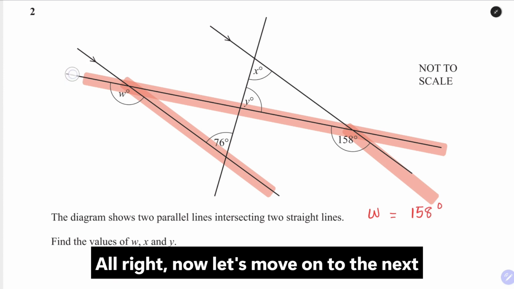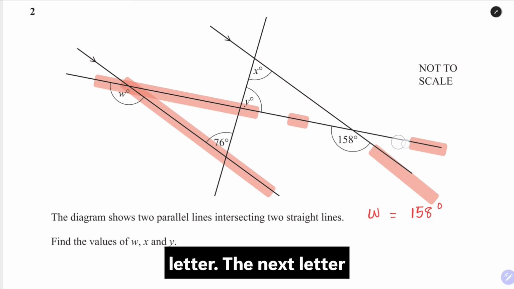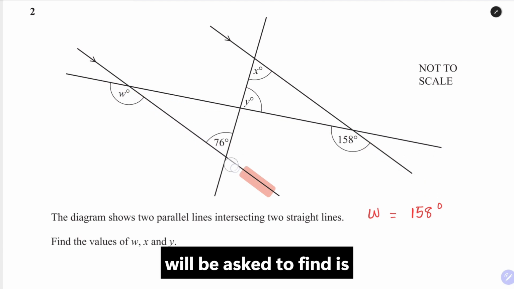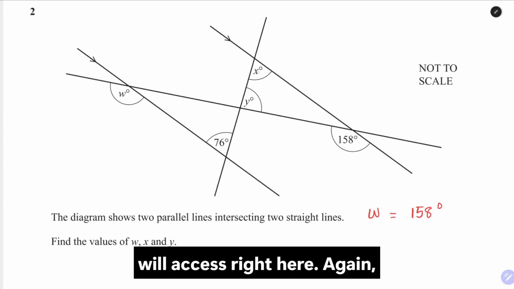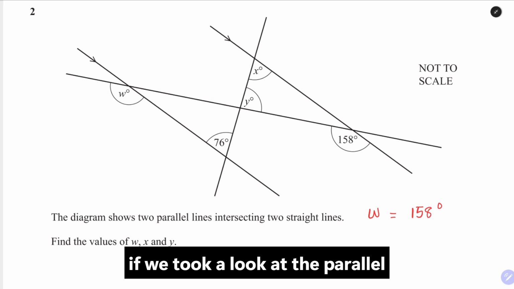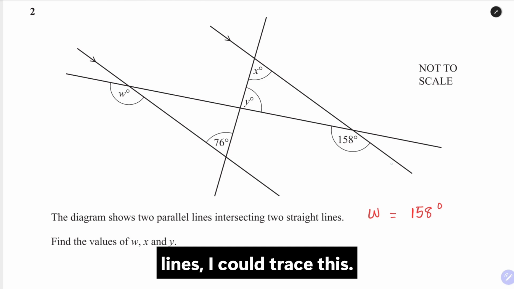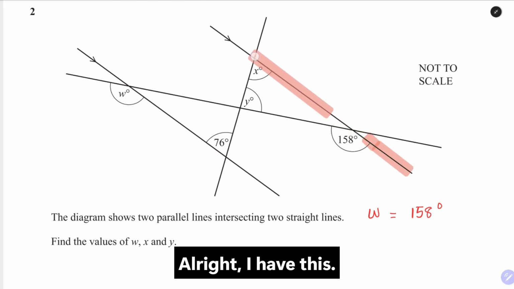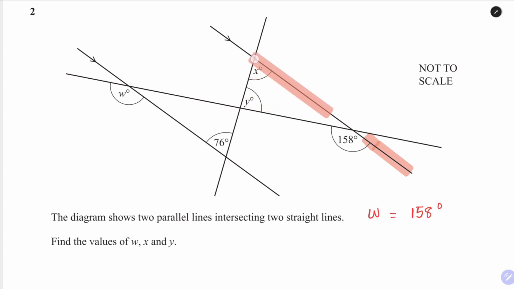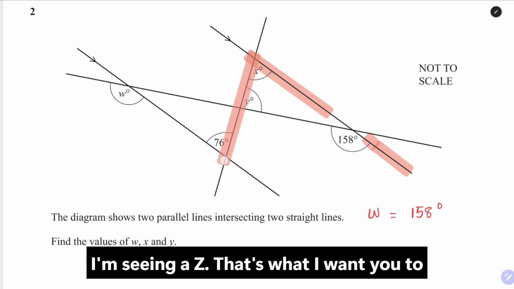All right, now let's move on to the next letter. The next letter we've been asked to find is angle X. Angle X is right here. Again, if we take a look at the parallel lines, I could trace this. All right, I have this. I'm seeing a Z. That's what I want you to see.